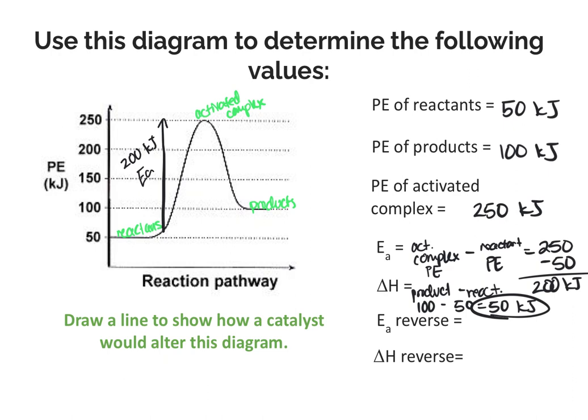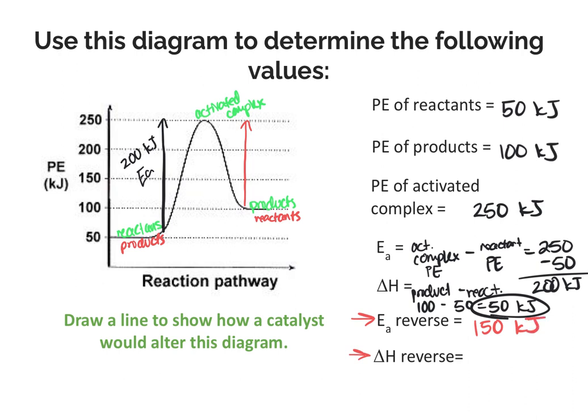We also see if we go in the reverse reaction, so if we go in the other direction where we flip what would be, so I'm going to kind of color code these and make them red. These would become the reactants and these would become the products, right? So you can kind of see that there. In that case, the energy I need to get up to the activated complex, if I'm going in the reverse reaction, is only going to be 150 kilojoules, okay?